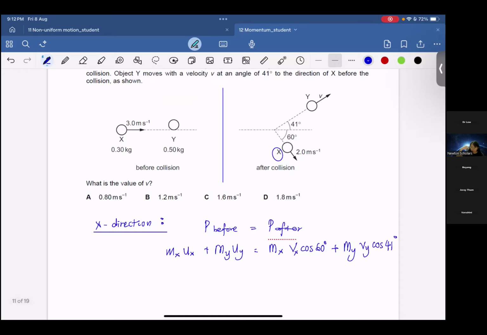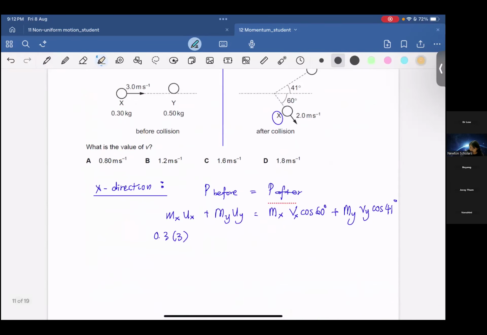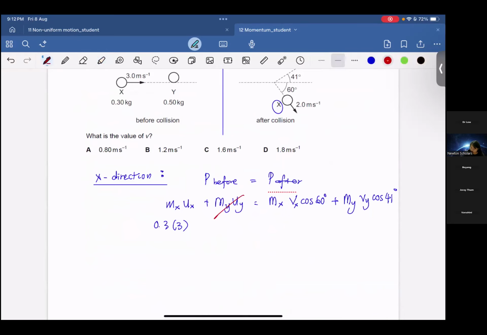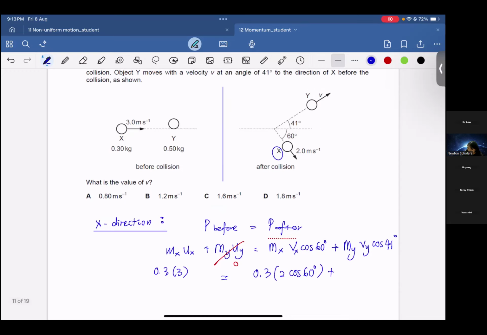Then I put some values in: 0.3 times 2. Then my is starting not moving, stationary. They mentioned it here, stationary, so this one we no need to consider, it is 0. So it will equal 0.3 times 2 cos 60 plus my, which is 0.5, then the v we don't know, cos 41.